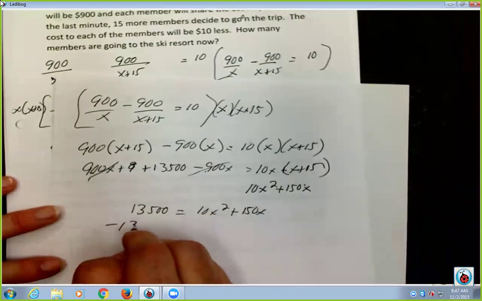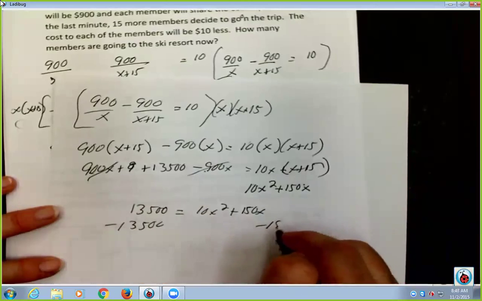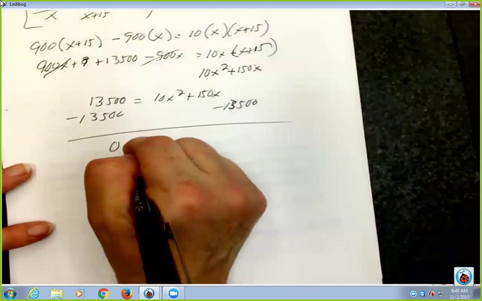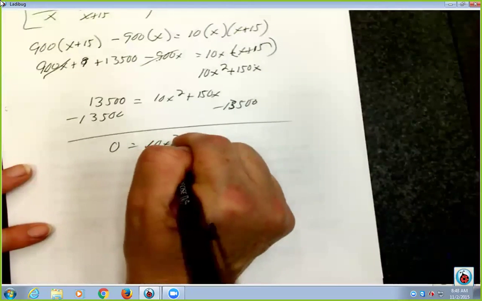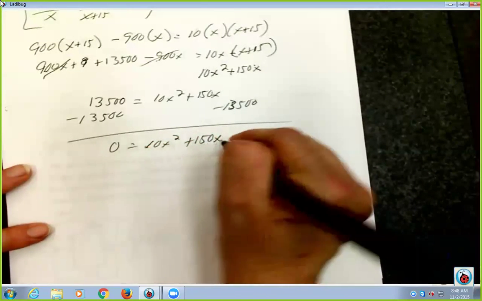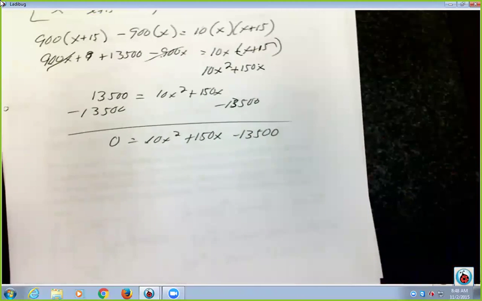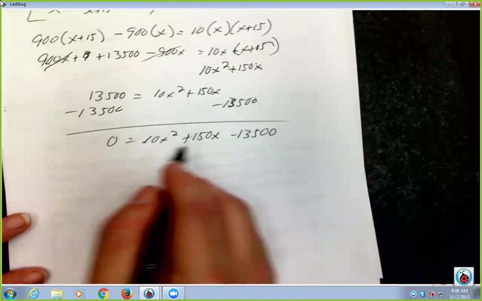When I move it over, that was what the problem was. So now I'm going to have 0 is equal to 10x squared plus 150x minus 13,500. Now it'll work. Okay, I had them backwards in there. Thanks for catching that and getting them in the right spots for that one. So now if we finish it, let's go.